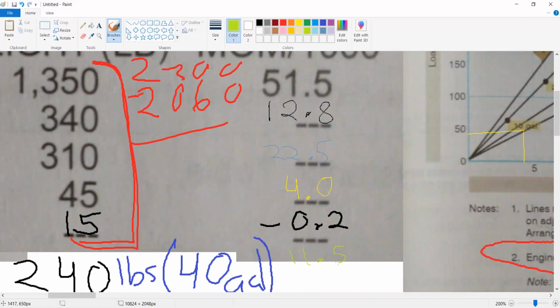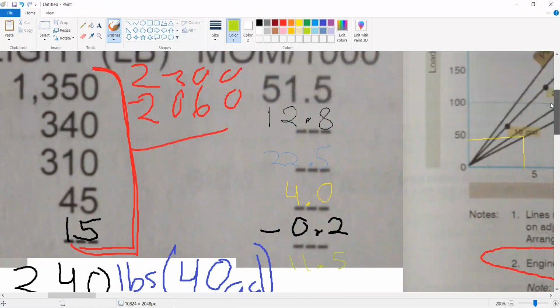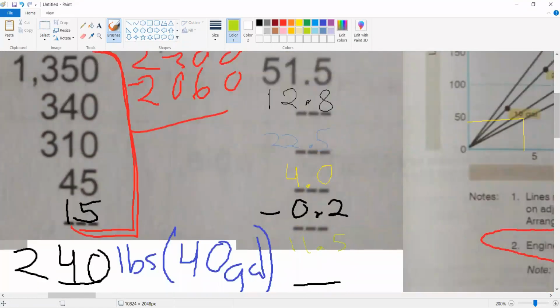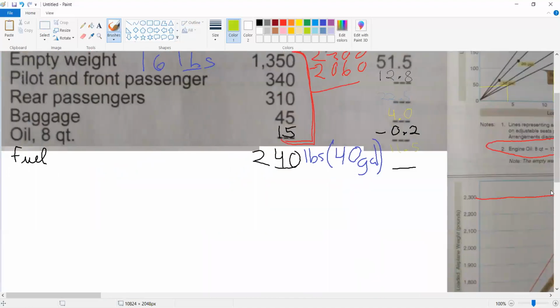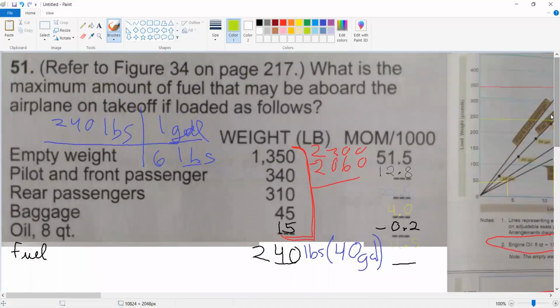Now, we're not asking for the CG, but if we had to find the CG, it would be the moment divided by the weight.